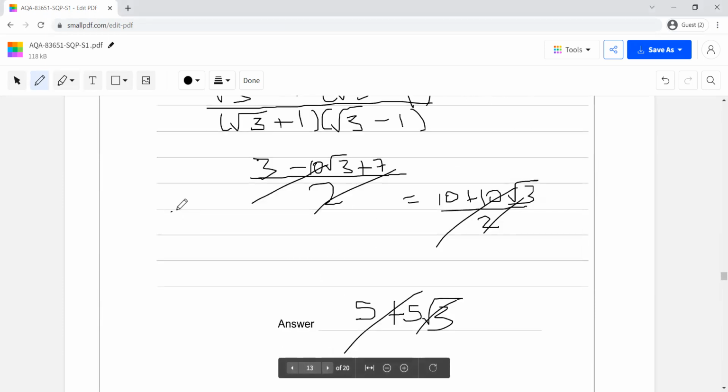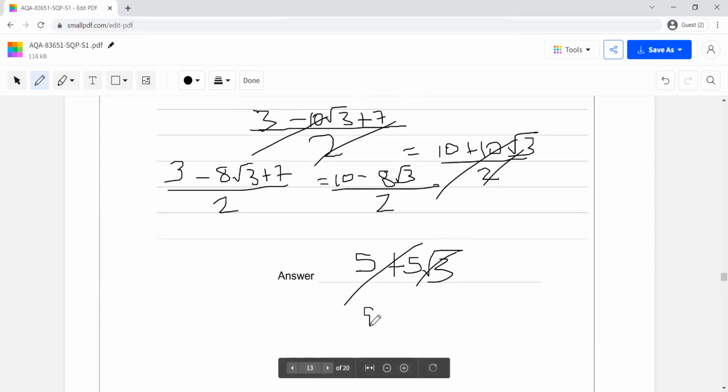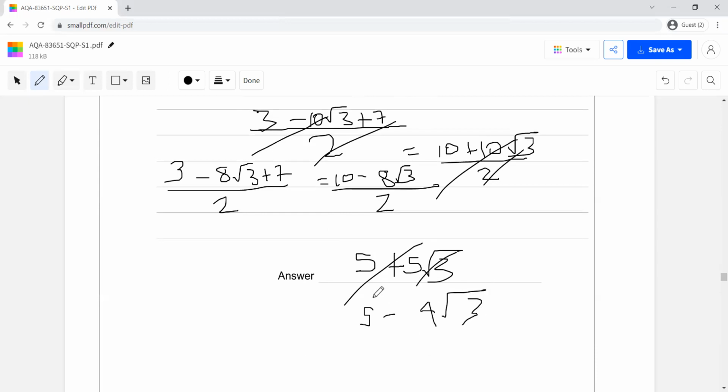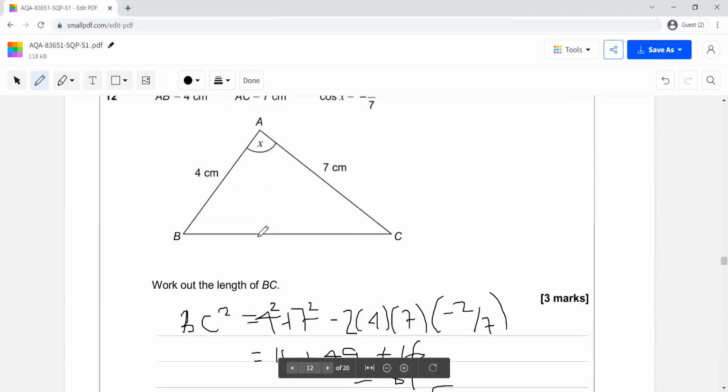This should be 3 minus 8√3 plus 7 over 2, which is equal to 10 minus 8√3 over 2, which is equal to 5 minus 4 root 3. And that's the answer to question 14, not anything else.